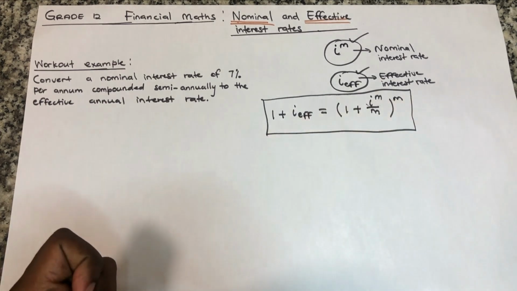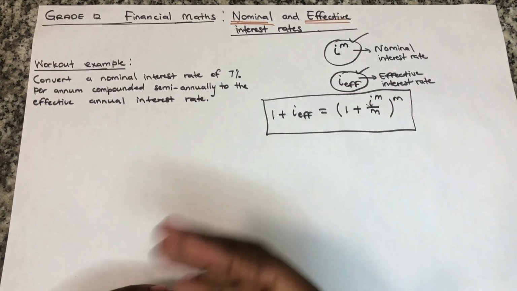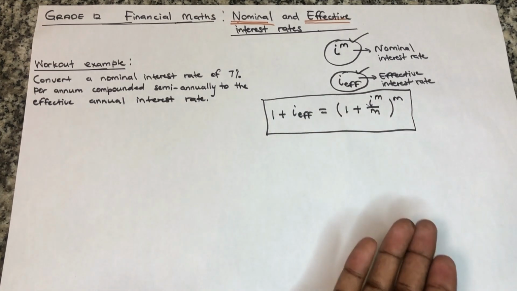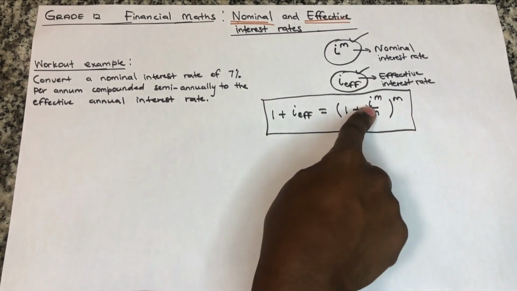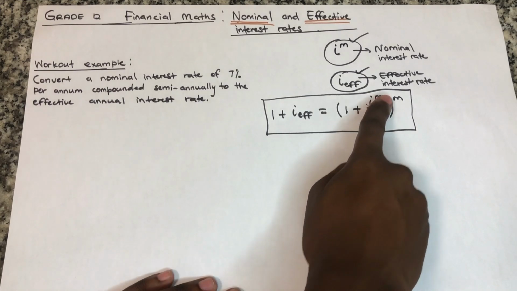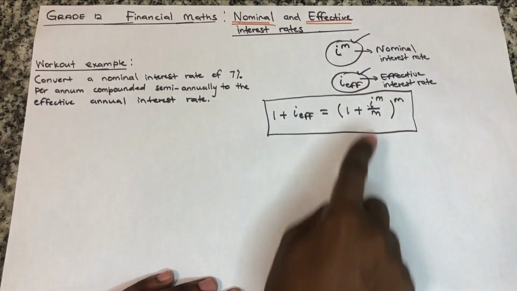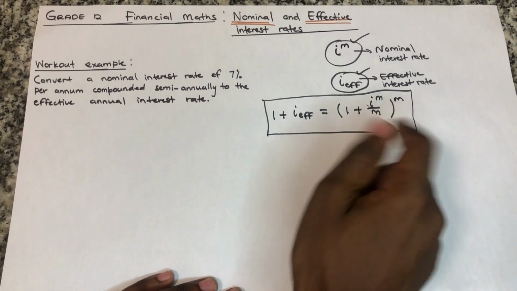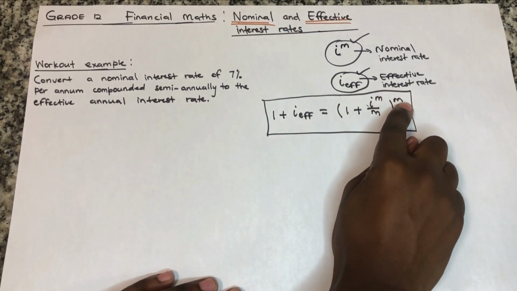In most cases, the nominal interest rate is normally stated. As I said, it is going to be given when you are required to substitute the nominal interest rate there, divide by the compounding periods and multiply by the compounding periods.